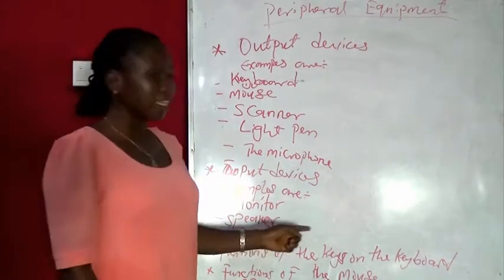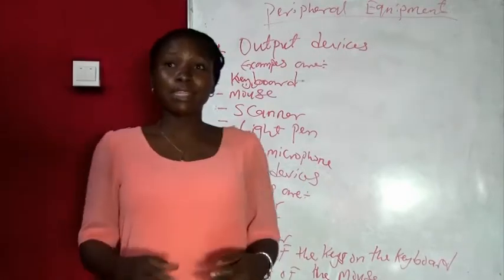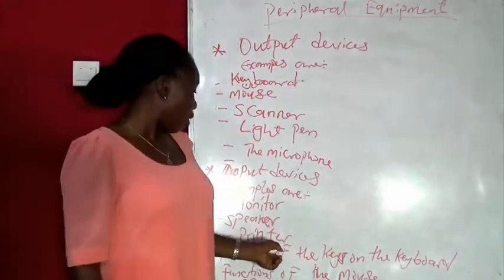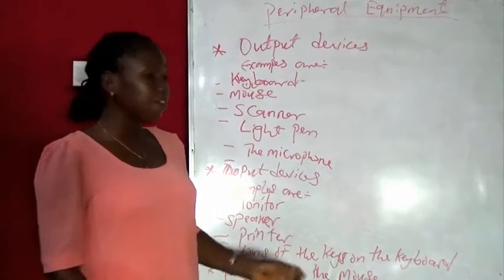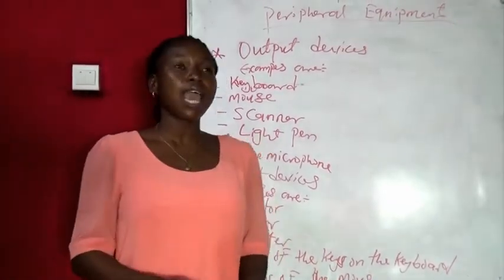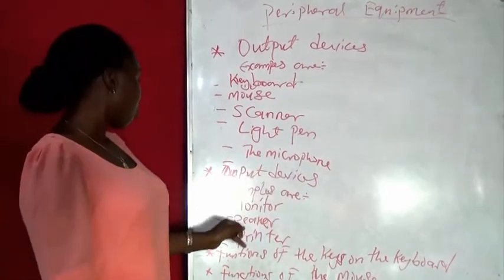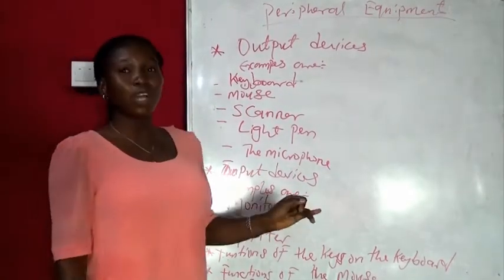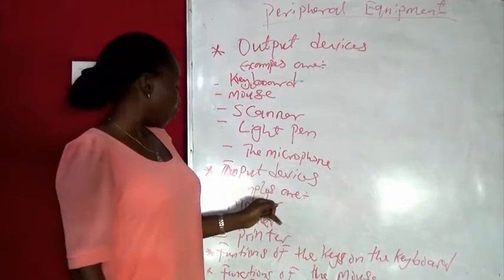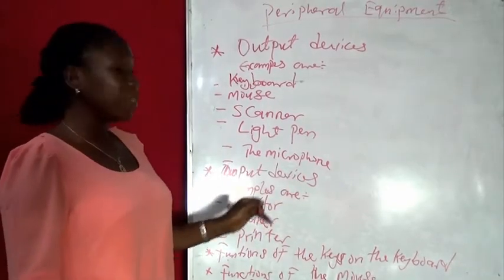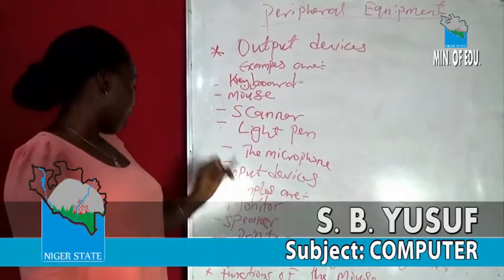Now your printer gives you a duplicate in a hard copy format, no longer in soft copy format. Even though we said the world is moving to an electronic format, we still need a hard copy document.